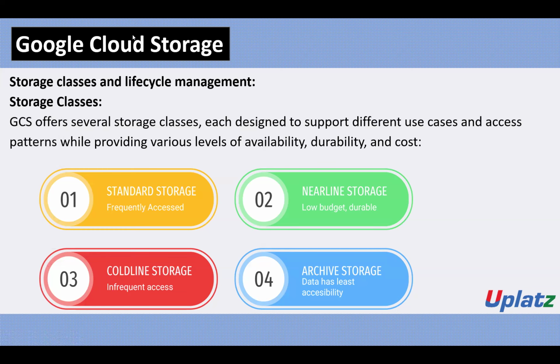Got it? I hope now you understand all these storage classes and when each is suitable. So you can consider which storage class to use based on your access requirements.